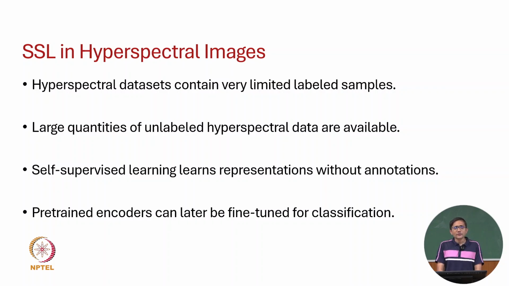Most of the cases when we are dealing with hyperspectral data, we are not really interested in coarse labels like building and water body. Rather, we are interested in much more fine-grained labels. We will see some examples of hyperspectral datasets in today's lecture itself, and there we'll also see some example classes in those datasets.